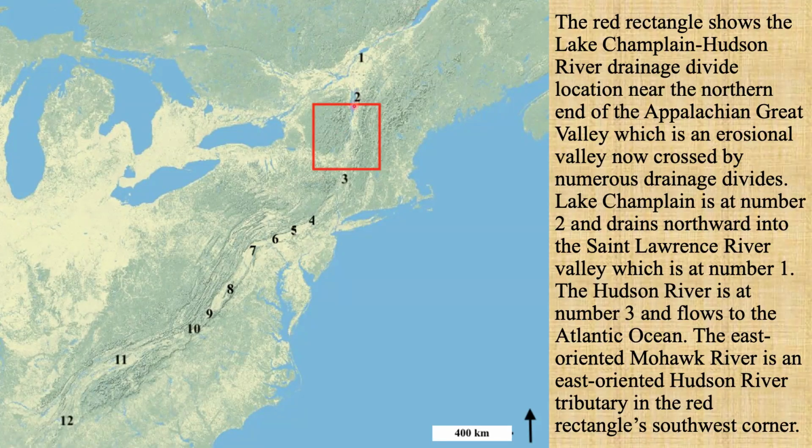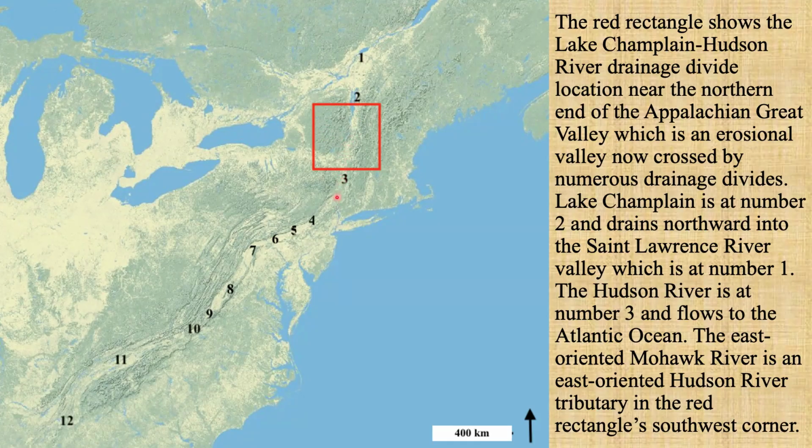And the Hudson River starts out in the Adirondack Mountains. We'll see in the next slide, it starts for a short distance as a southwest oriented river. Then it turns in a southeast direction, makes some twists and turns, and enters the Great Valley and continues down through the number 3 here.